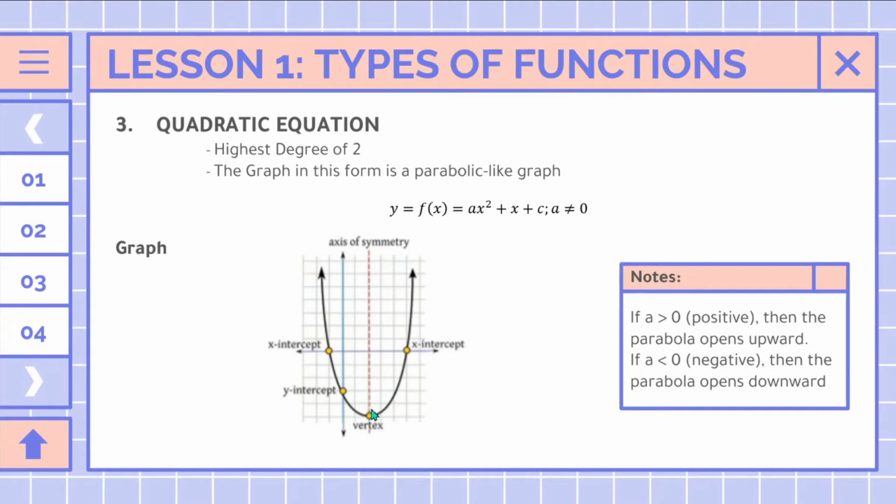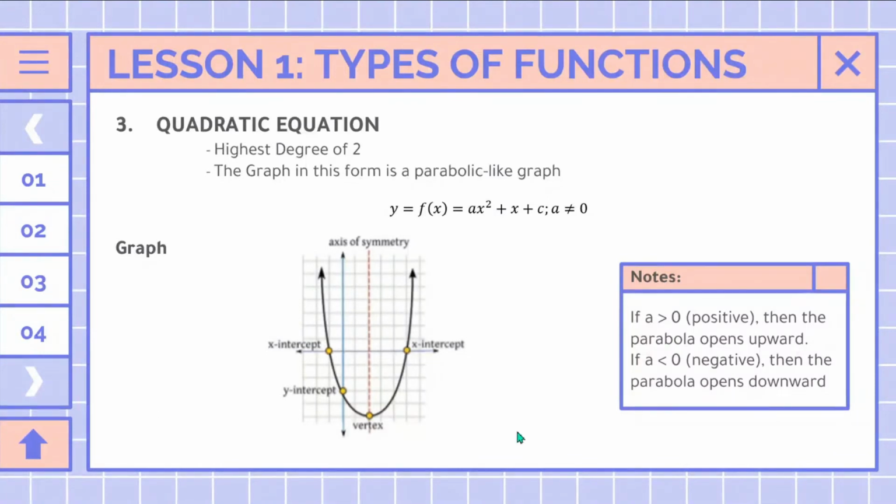On the other side, ito naman, kung nakikita niyo yung cursor ko, kung itong vertex na to, ito yung pinakahighest point, kapag binaliktad natin, opening downwards, then we can say that the value of a is negative or the value of a is less than 0. So, lagi nyo din tatandaan na kapag may napansin kayong equation na highest degree or power sa x is 2, then automatic, it is a quadratic equation.